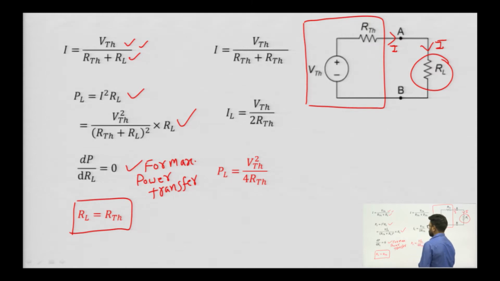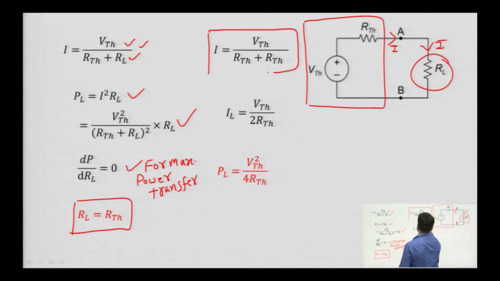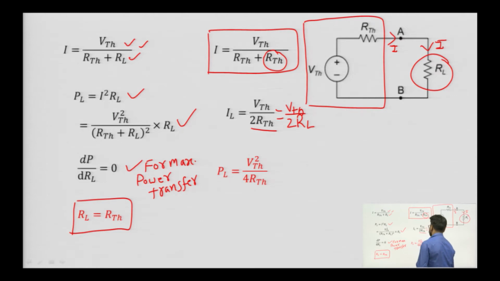If my load has to draw maximum power, then RL must be equal to RTH, only then can maximum power be transferred. So, now the current flowing in the circuit for maximum power, with RTH plus RL, and for maximum power RL being RTH, IL will be equal to VTH divided by 2 RTH, or you can say VTH divided by 2 RL, because RTH will be equal to RL for maximum power transfer.